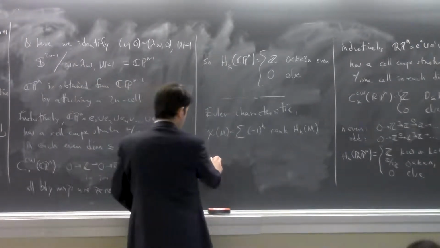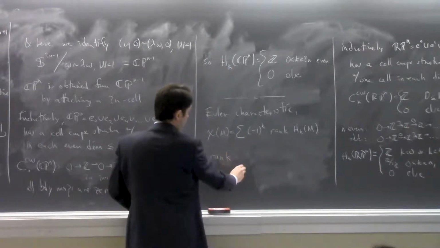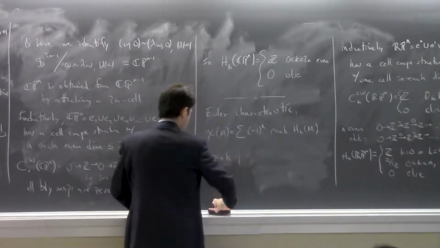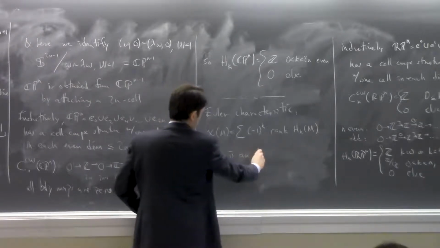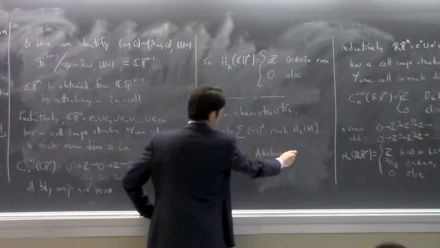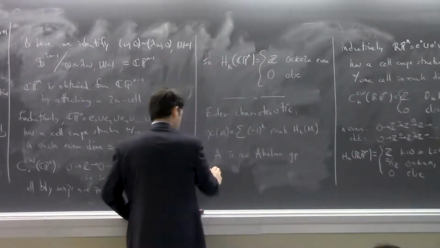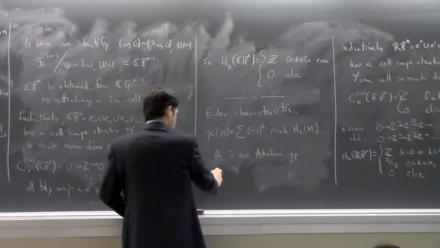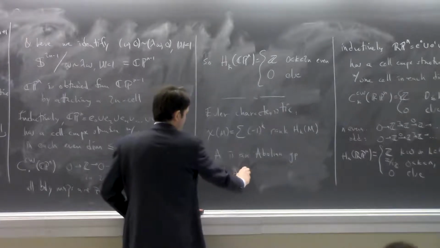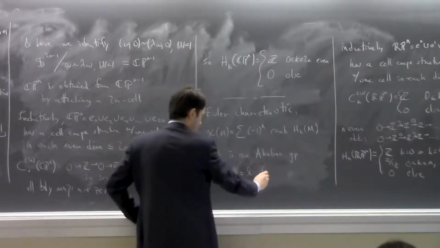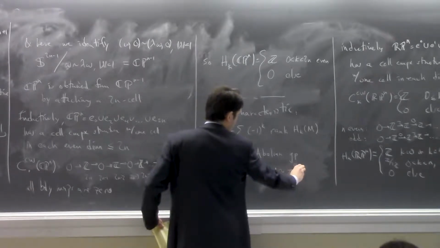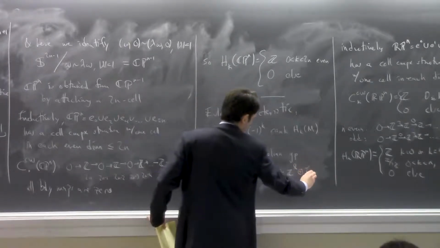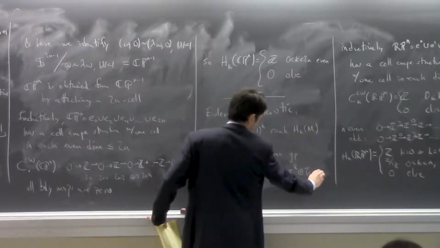Where, let me remind you, the rank of an abelian group A is equal to L if A is isomorphic to Z^L plus torsion.